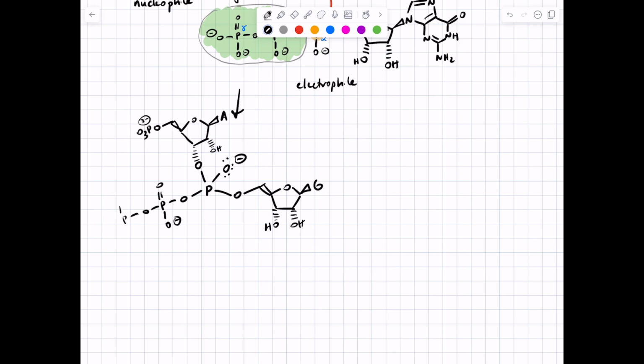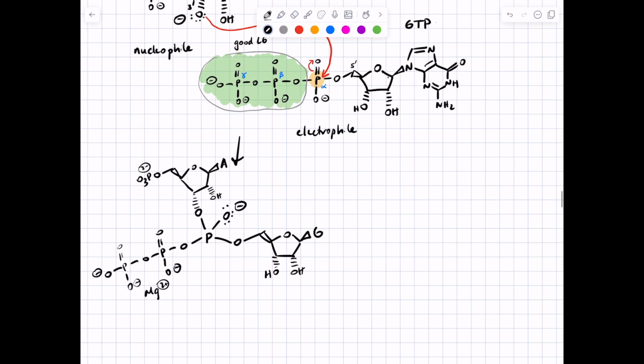And I'll point out that a lot of times magnesium is coordinated to that pyrophosphate leaving group to make it an even better leaving group. If you're following along, though, I've missed another atom to phosphorus. So this intermediate is sort of a pentavalent phosphorus intermediate. Then electrons kick down and the leaving group leaves.